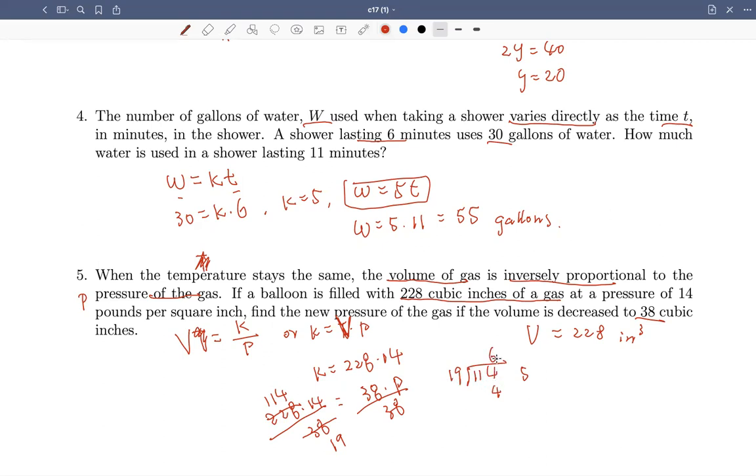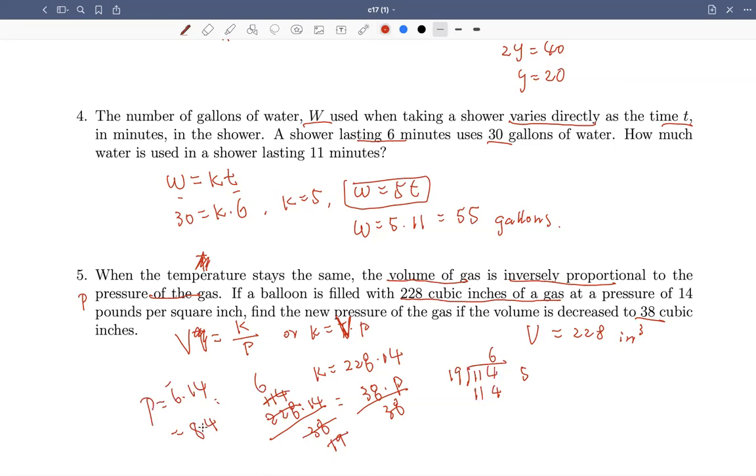Then 1 times 6, 6. 6 plus 5, 11. Bingo. So 114 is 6 times 19. So 19 cancels with 19, left with 6. So pressure P equals 6 times 14, which is 6 times 4, 24, carry 2. 1 times 6, 6, plus 2, 8. So 84.